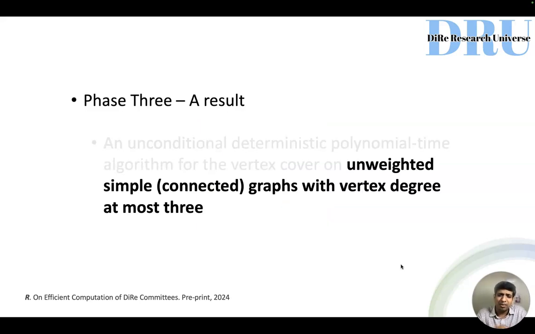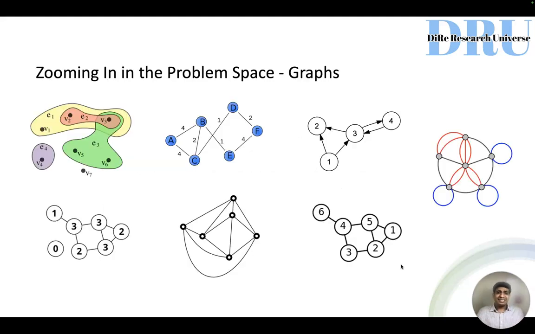Now let me quickly take you through how I zoomed in on the specific set of graphs that we are using. I started with this huge family of graphs where we have hypergraphs, directed graphs, weighted graphs, unweighted graphs, all those things.